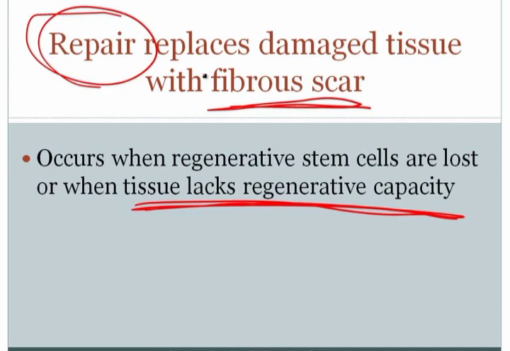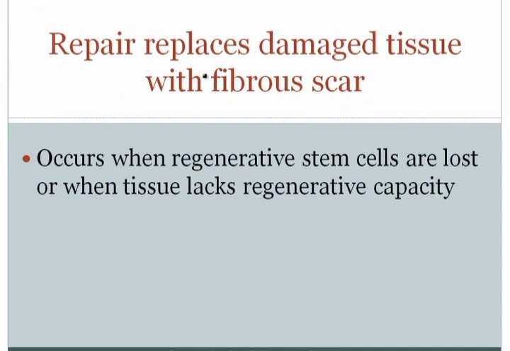Now let me take you back and remind you that there is one more example where you would get repair, and that would be if the regenerative stem cells are lost. For example, a paper cut on the skin will heal completely and you won't be able to find the paper cut a couple weeks later. However, if you cut yourself with a steak knife, let's say, you might go deep enough that you actually take out a piece of skin such that the basal cells are removed.